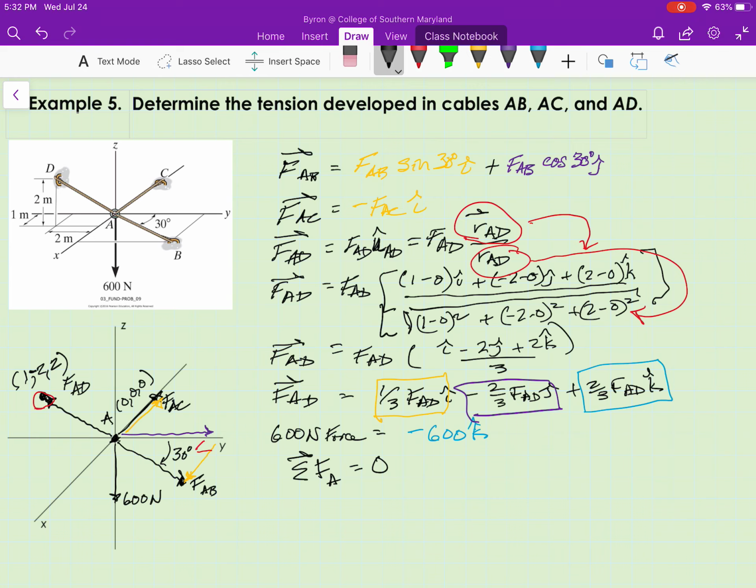And let's just do those in color. Sum of the forces in the x direction have to equal 0. Sum of the forces in the y direction have to equal 0. And sum of the forces in the z direction have to equal 0.